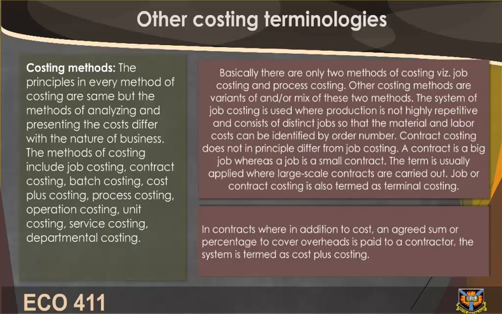The term is usually applied where large-scale contracts are carried out. Job or contract costing is also termed as terminal costing. In contracts where, in addition to costs, an agreed sum or percentage to cover overheads is paid to a contractor, the system is termed as cost plus costing.